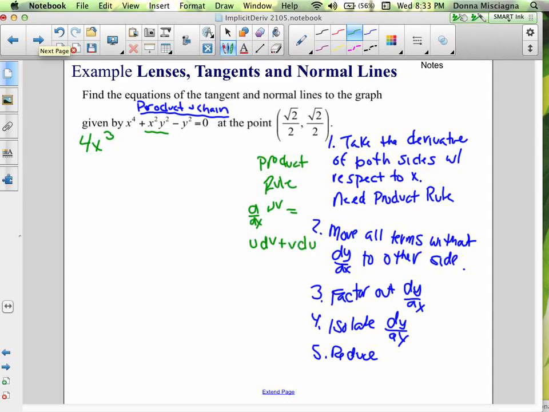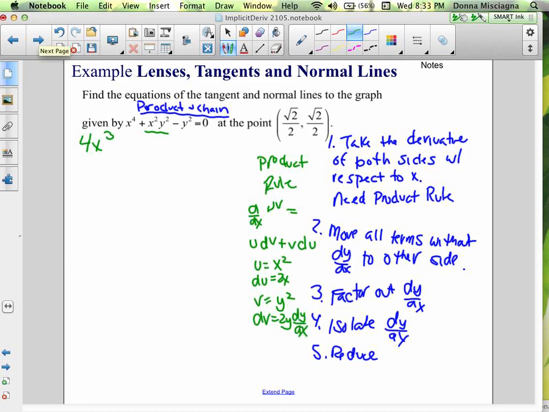So in this case, the first is x squared, and the derivative of x squared is 2x. The second term, the v here, is y squared, and its derivative is 2y dy dx. We need that chain part of it.